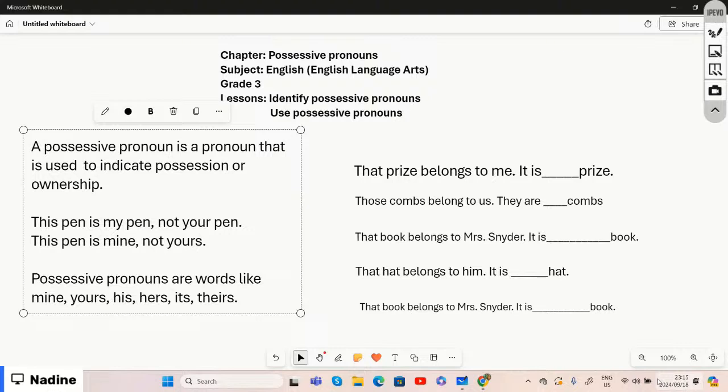It is book. And if we were to even add words here, then we also say ours, mine, yours, ours, theirs, right?